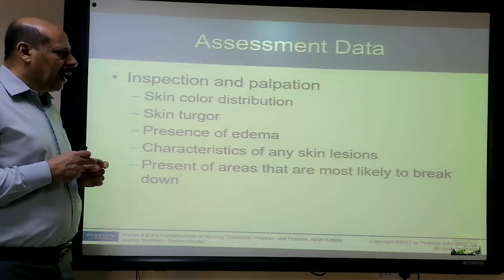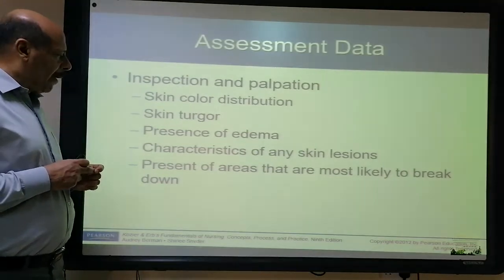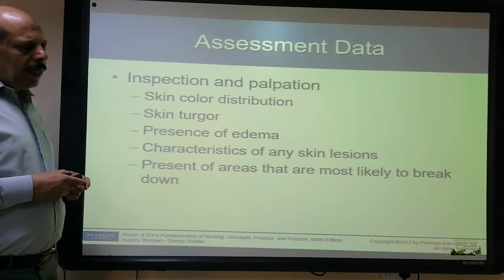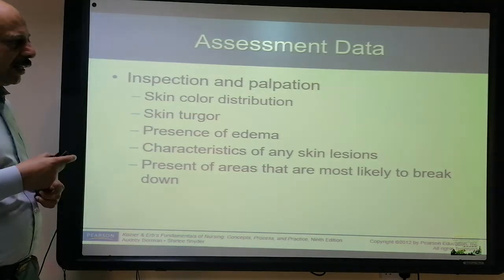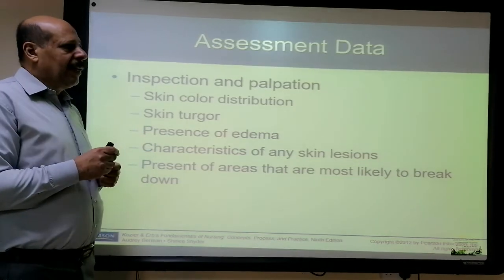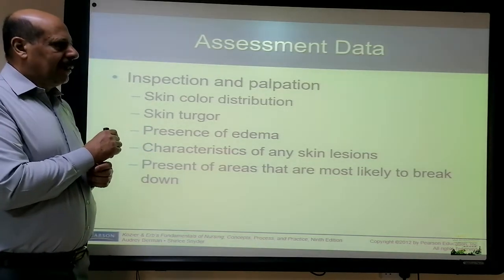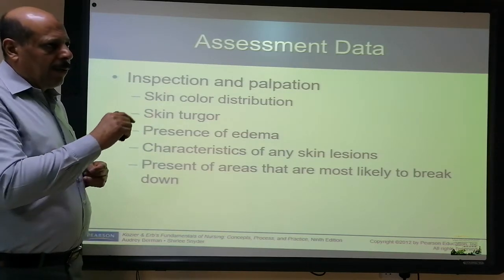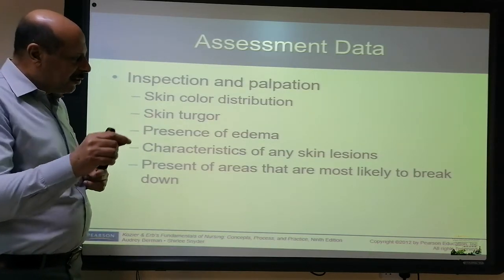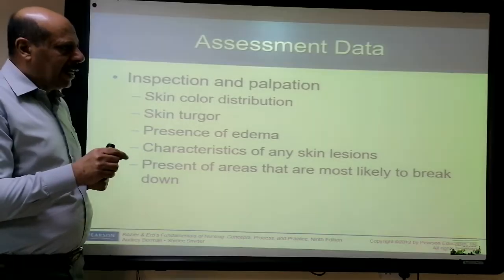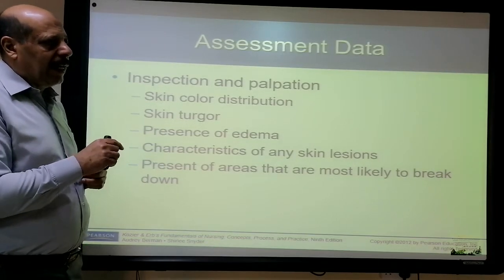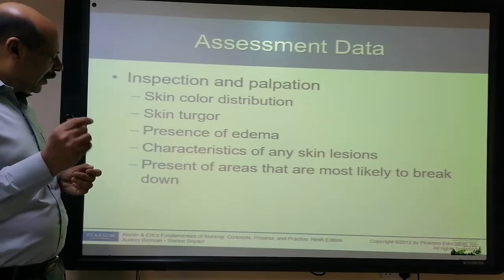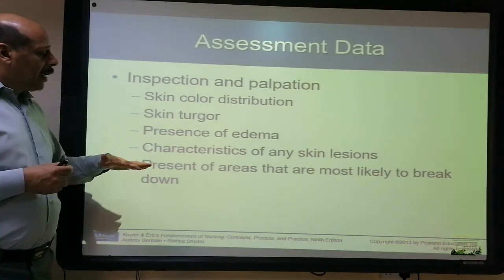All of those things we have to describe, and we have to measure that lesion. As a sample, it might be a redness with 4 centimeters in diameter at the heel. So this is one of the descriptions.